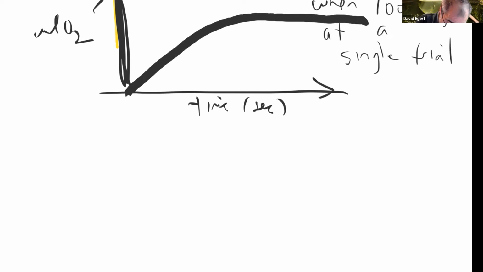It's going up. This is where the reaction is running. Hydrogen peroxide is breaking down, making bubbles. That's why the level of oxygen keeps going up. Why is it flat here?